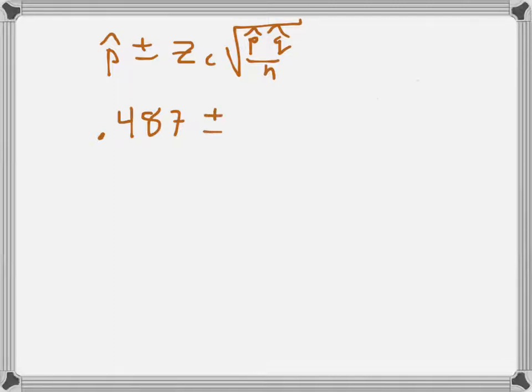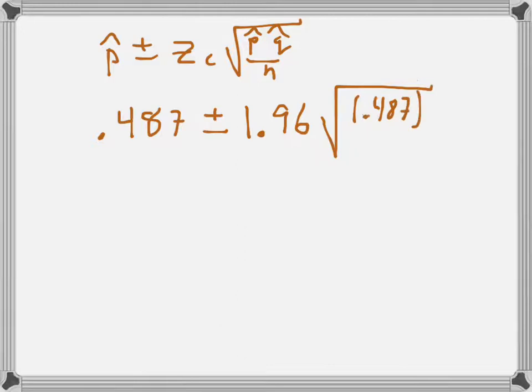Plus or minus z star for a 95% confidence interval, you can get this off the t-table, 1.96, times p hat, which was 0.487, times q hat, all divided by 1,000.